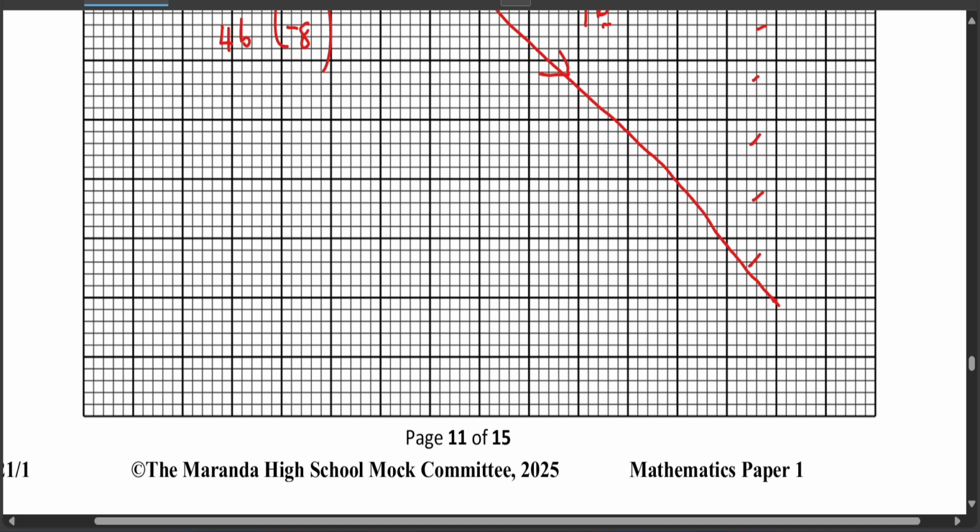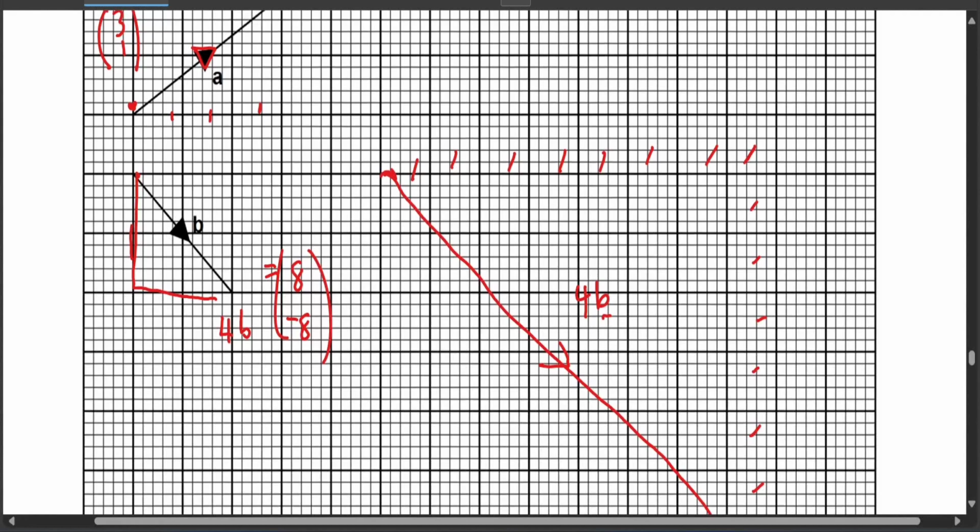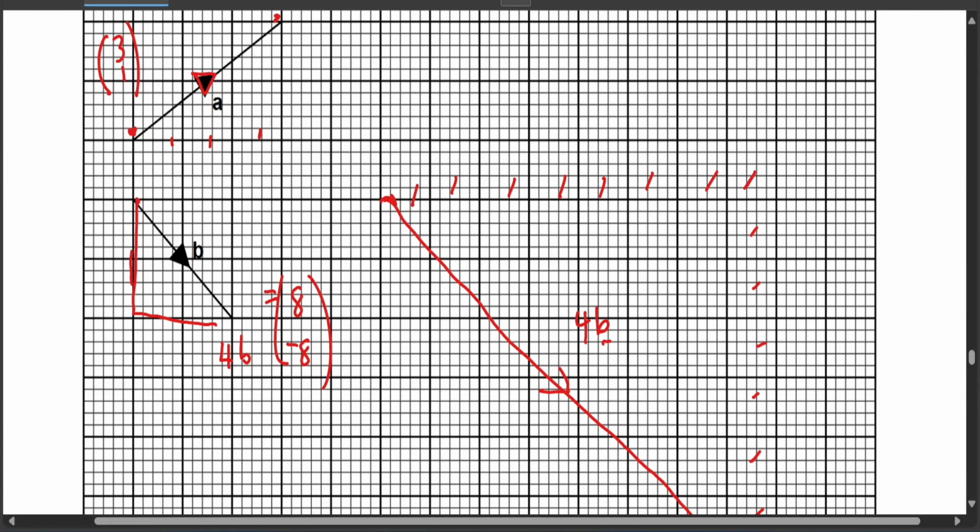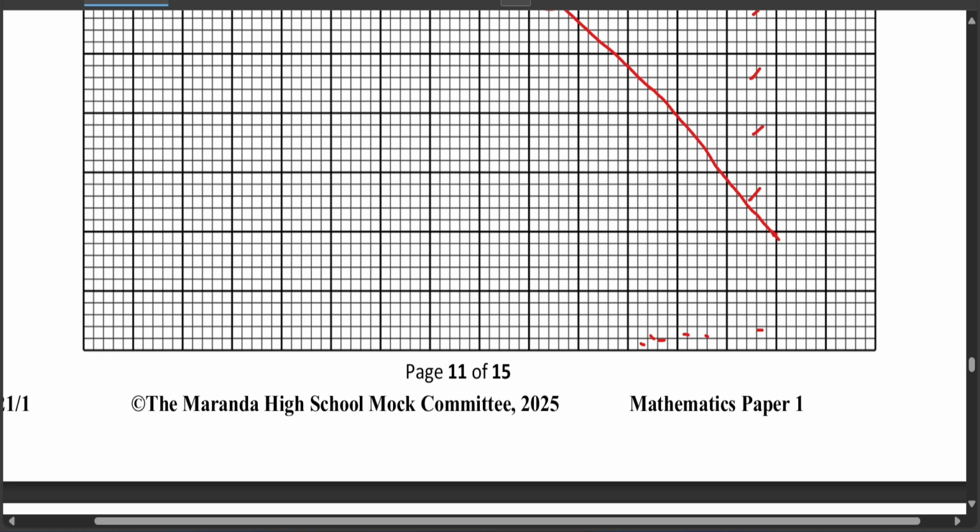So somehow like this. So it's 3, 1 2 3, then I think you're going 2. No, it should be 2. So it should be 3, 2, not 1. So basically it's just 1 2 3 and 1 2. So it should be here.